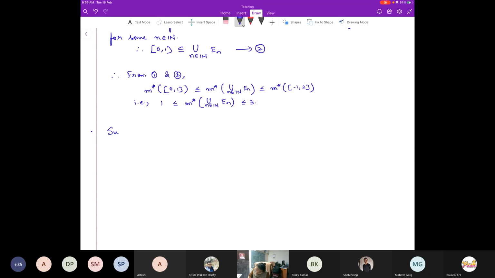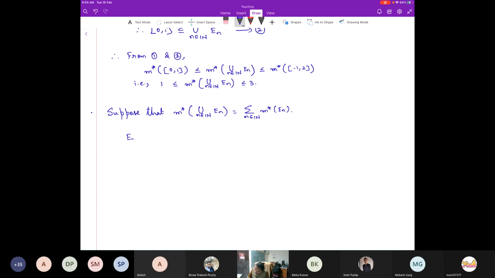Well, so suppose that M star of the union is equal to summation over n in N of M star of En. Now, what is En? En is E plus Rn for all n in N, and therefore M star of En is going to be M star of E, because M star is translation invariant.